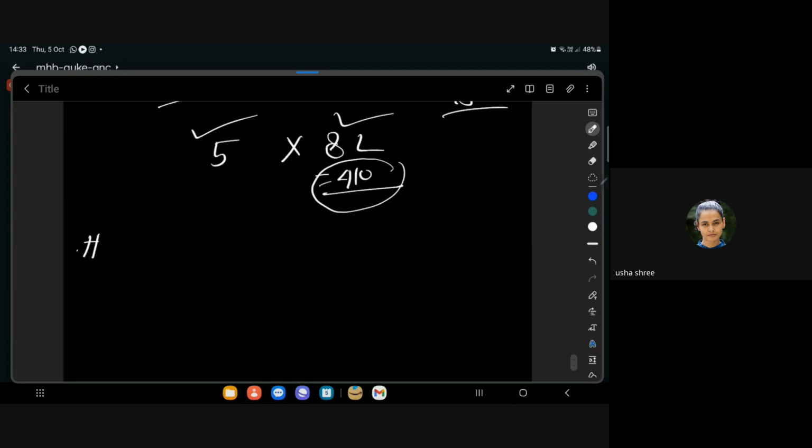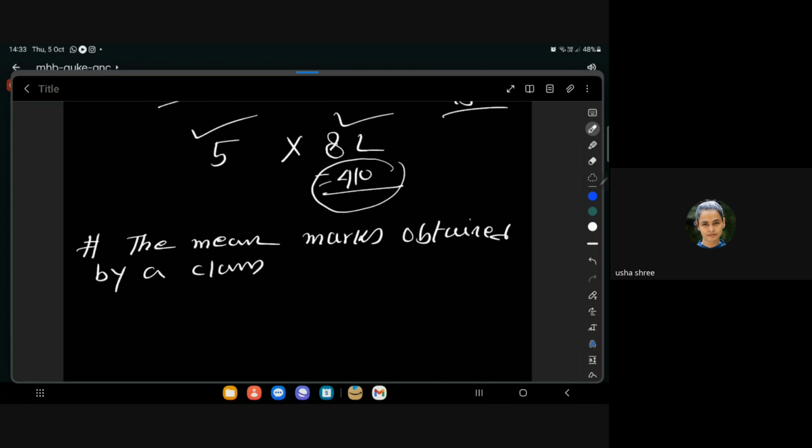Okay, let's solve a problem. It was asked in the exam. The mean, means average, marks obtained by a class of 40 students is 65.